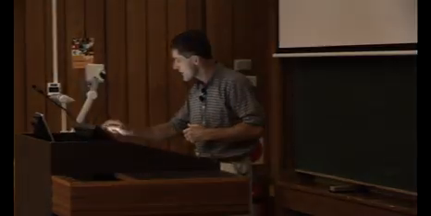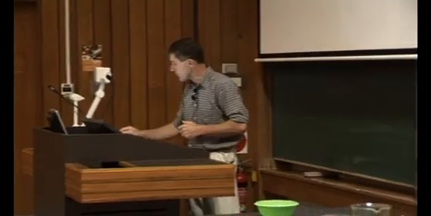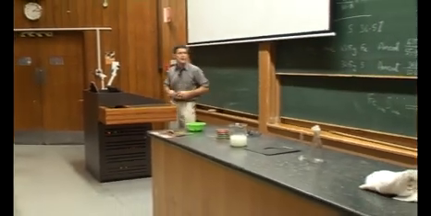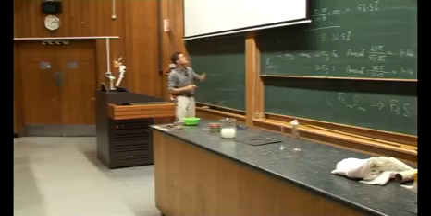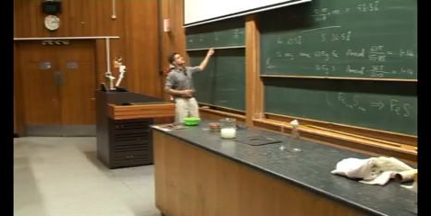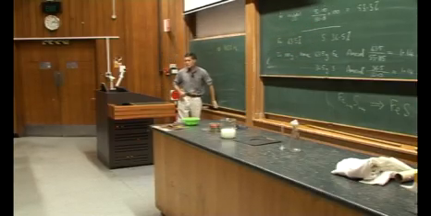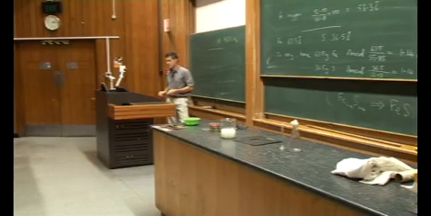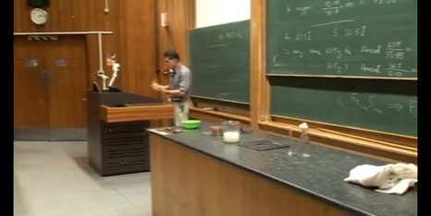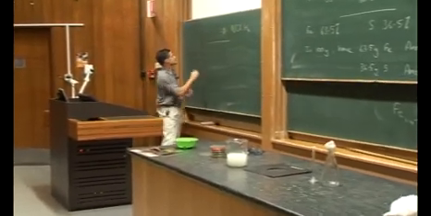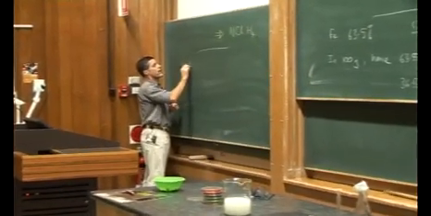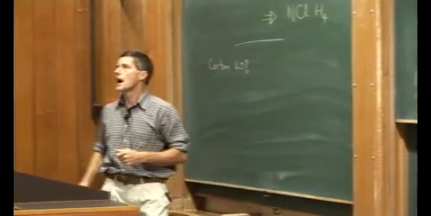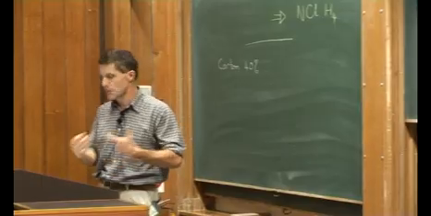Okay, well, back to the blackboard and some examples. The last example I want to do with you is a slightly more complicated one. The scenario is that an analysis gives us a percentage mass of carbon of 40%.